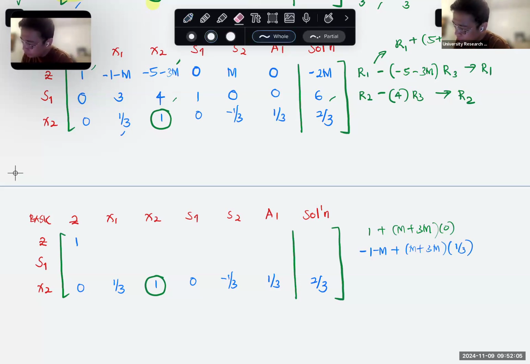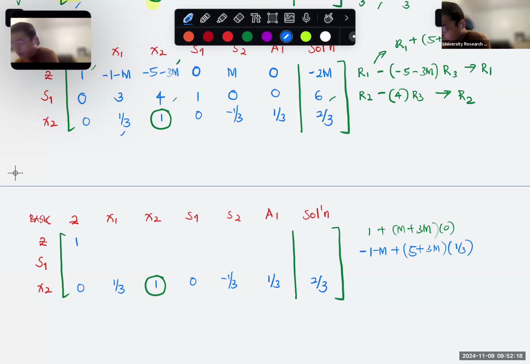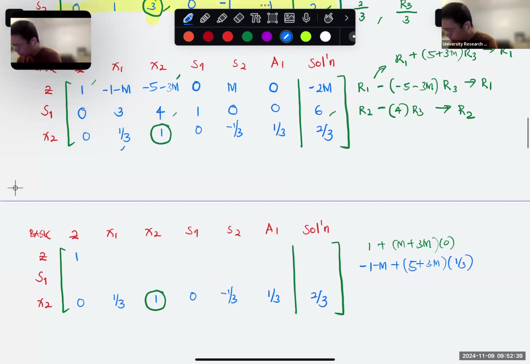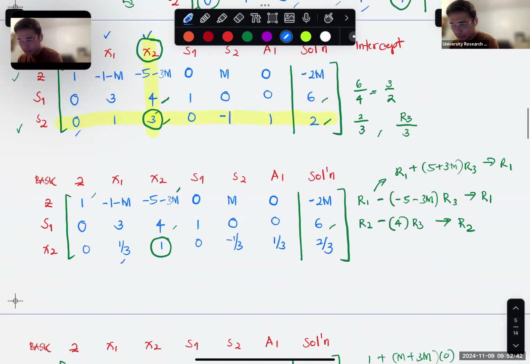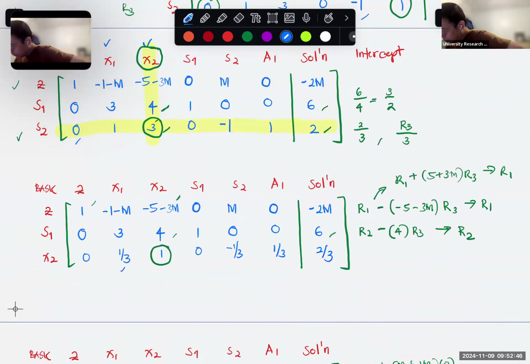Sorry, that should be 5. So we have negative 1 plus 5 over 3. So we have negative 1 minus, we have 2/3.